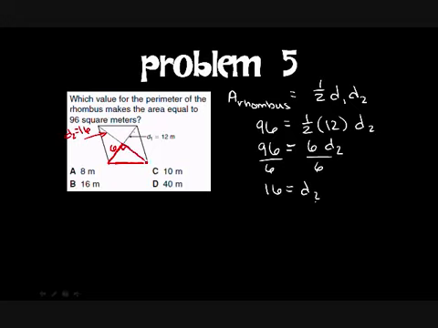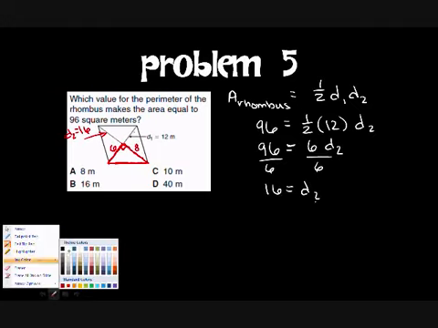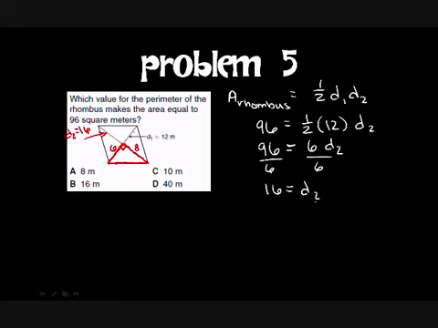And similarly, this diagonal here would be 8 because it's half of the 16, which is the other diagonal. So now you should hopefully recognize that we have a right triangle and we can use the Pythagorean theorem. And we're going to be solving for the hypotenuse because the side of the rhombus is across from the right angle. So we have 6 squared plus 8 squared equals c squared.